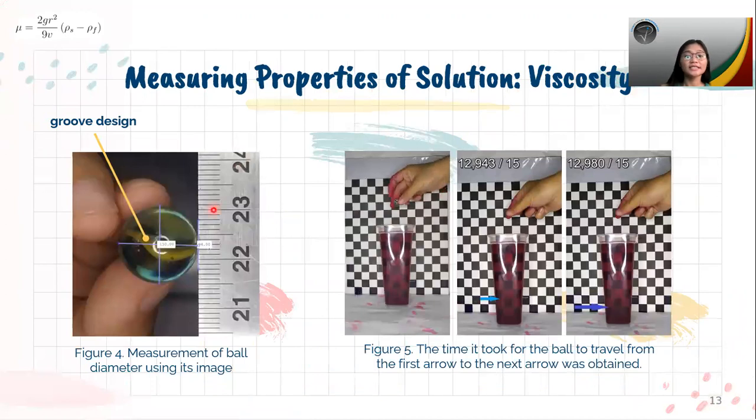Now, to measure viscosity, I used 2 marbles and I transferred my ink solution to a longer clear plastic container to make a falling sphere viscometer. Now, to get the radius of the marbles, I located the centroid of each marble, which is marked by the groove design here. I held this centroid against the ruler, and I took a photo and processed the image on MATLAB.